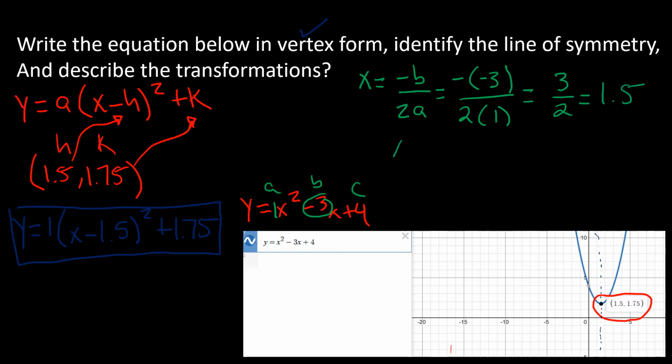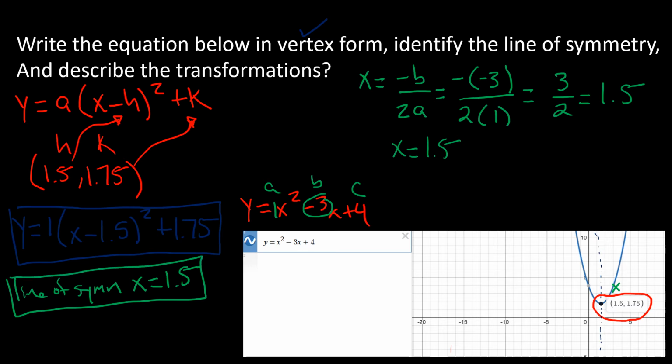And if you see this, it says x equals 1.5, which is actually the x value of our vertex. So your line of symmetry is x equals 1.5. And if you know the vertex, then you'll know all the movements.